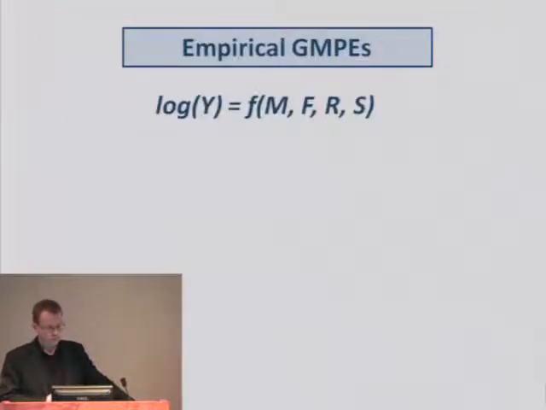And then we need to pick a functional form which relates the logarithm of the ground motion parameter to these explanatory or predictor variables, which is magnitude, faulting, distance, and the site characteristics.